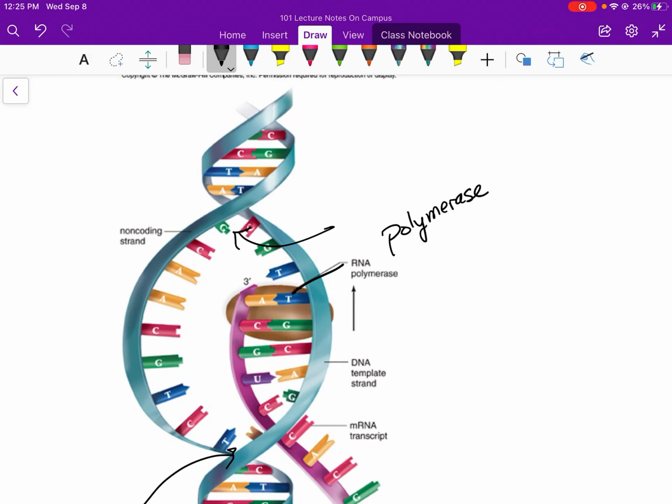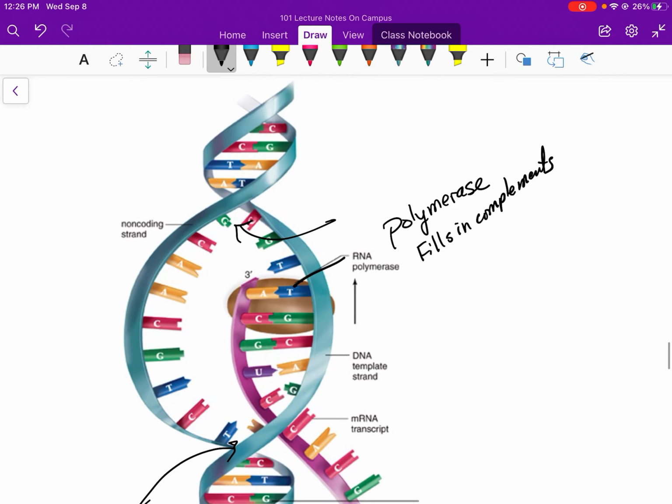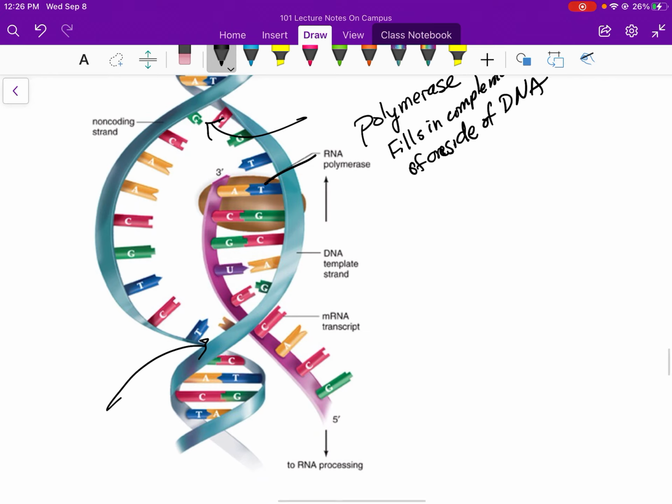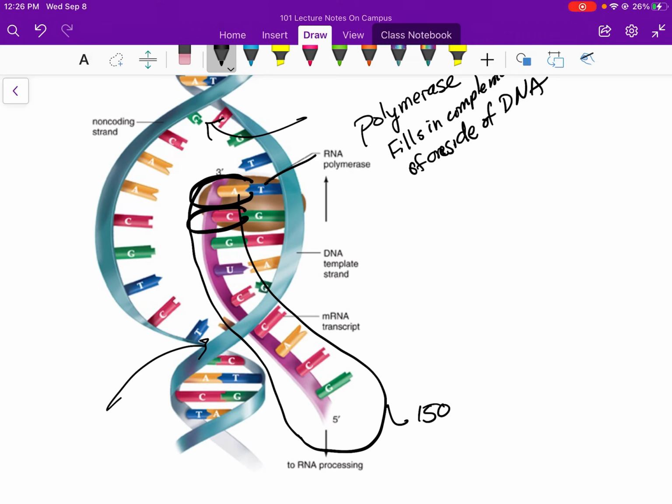RNA polymerase, and what it does is fills in complements of one side. So you can see it's making this strand here. Right here is where it's actually filling in the complements, right? And you can see we've opened up DNA, and now we're making this strand here. And this will be continued to about 1,500 bases long on average, maybe longer, maybe shorter. And that is a strand of messenger RNA.